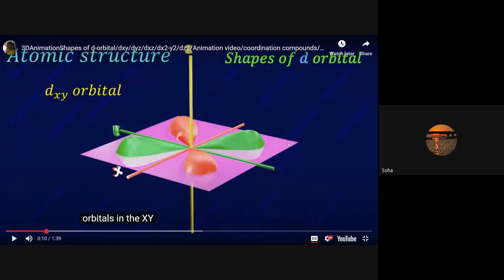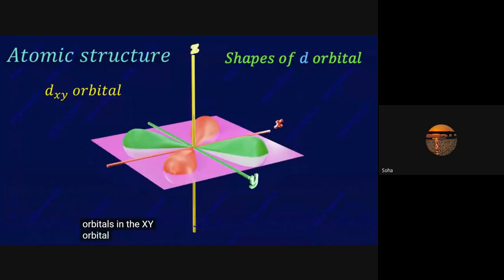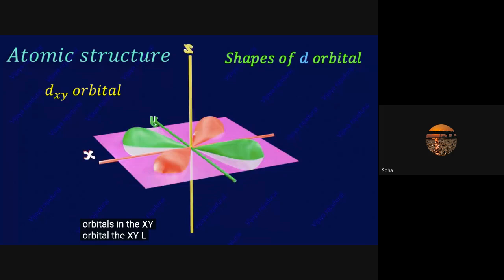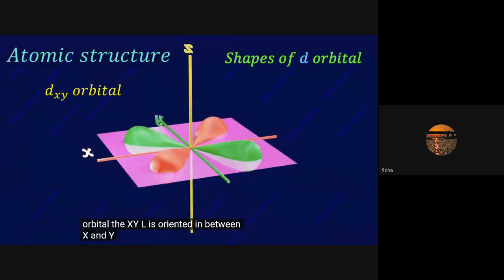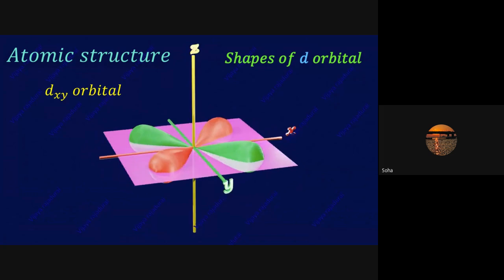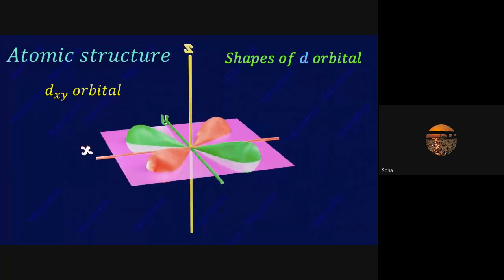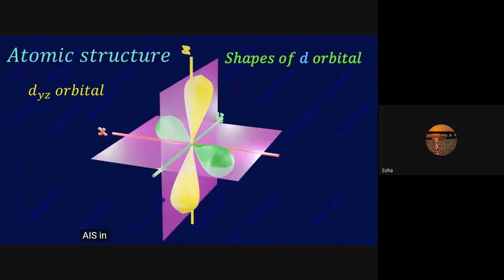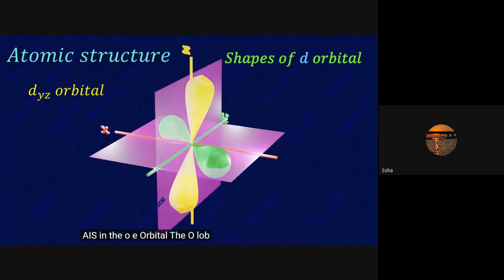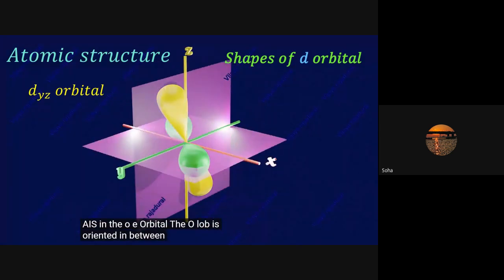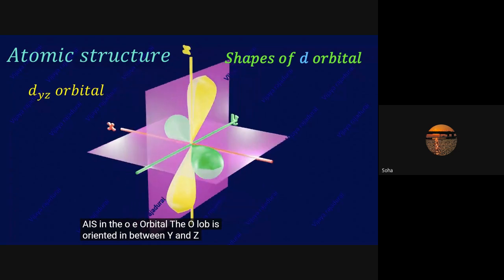In the xy orbital, the xy lobe is oriented in between the x and y axis. In the yz orbital, the yz lobe is oriented in between the y and z axis.